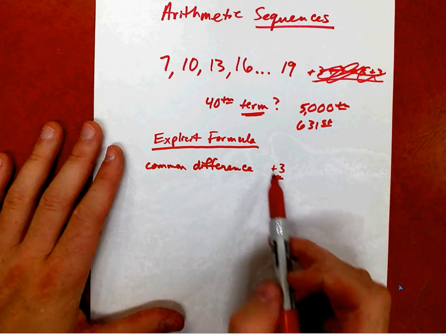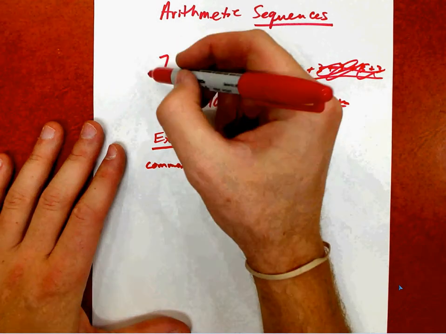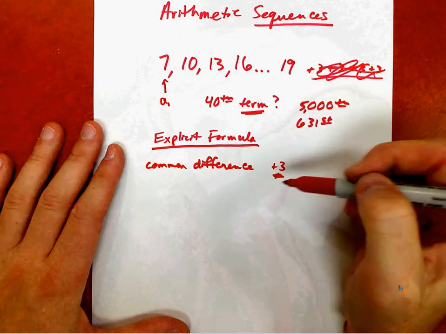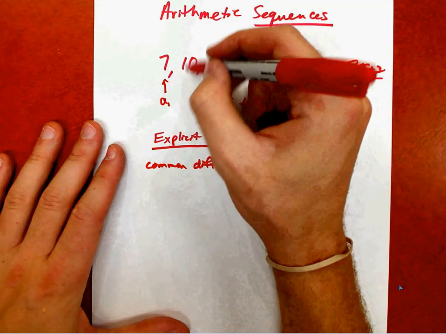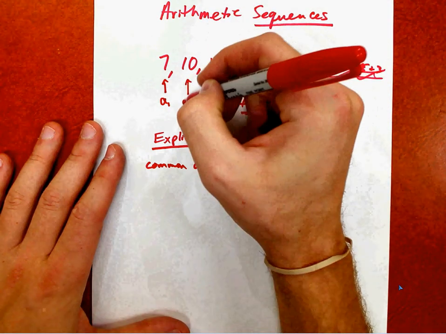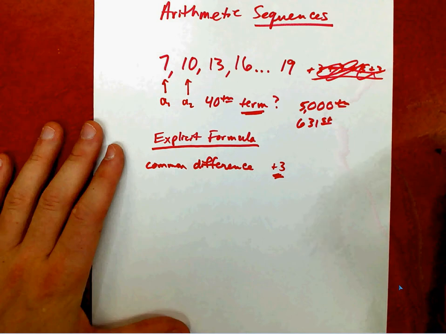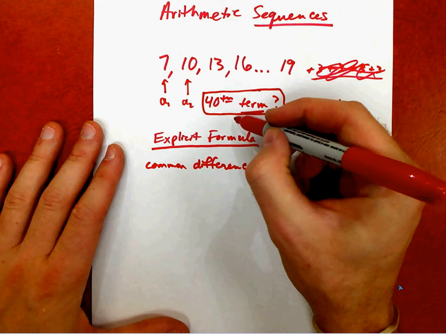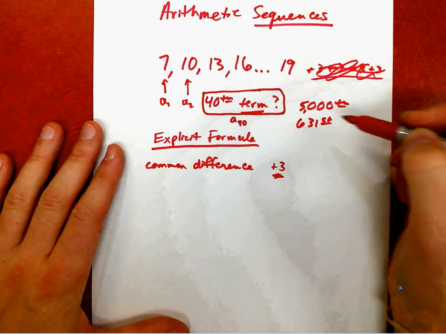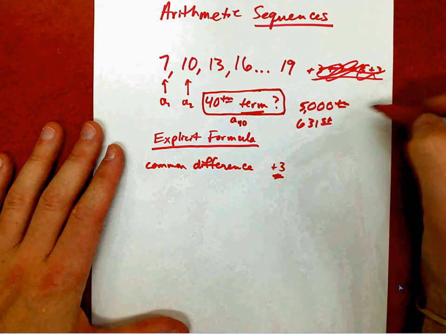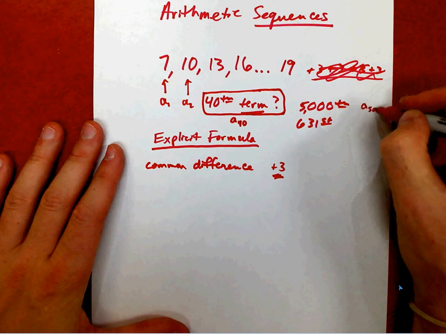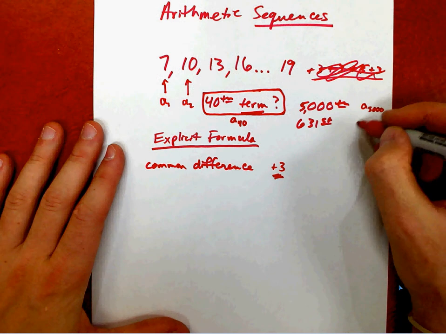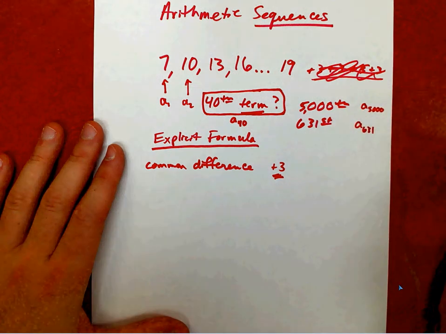The other thing that we need to know is, remember that if this represents the first term of the sequence, I'll call it a sub 1, and this number here is the second term of the sequence, call it a sub 2, and the 40th term of the sequence I could call a sub 40, the 5,000th I could call a sub 5,000, the 631st I could call a sub 631.